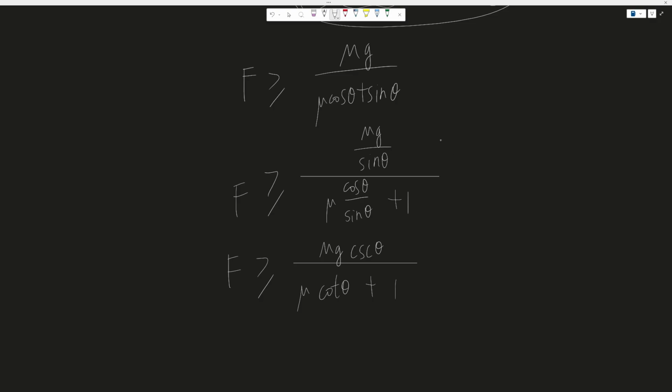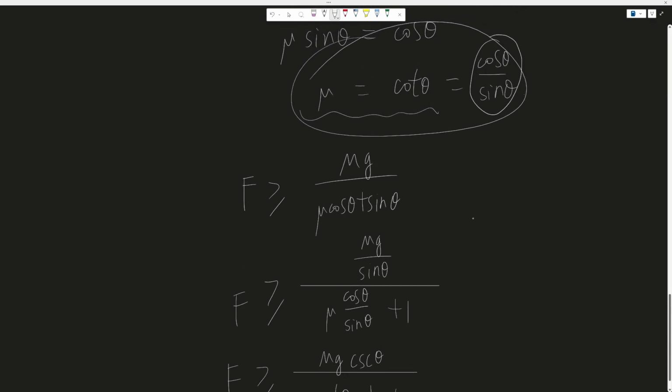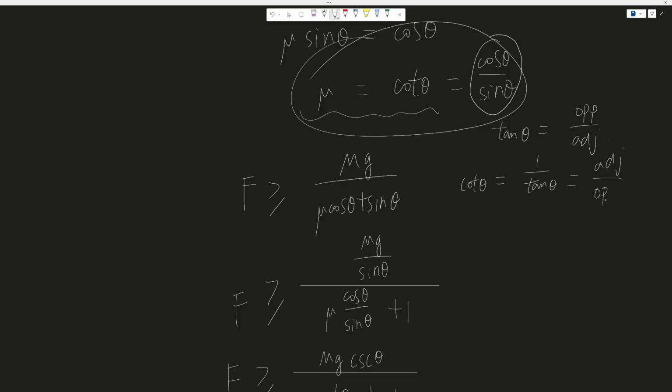And so to find cosecant theta, let's recall the definitions of trigonometry. What is cotangent theta? Well, it is 1 over tangent theta. And what is tangent theta? Tangent theta is opposite over adjacent. So cotangent theta is adjacent over opposite.